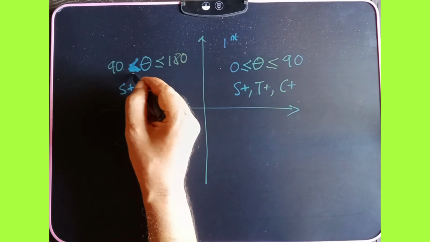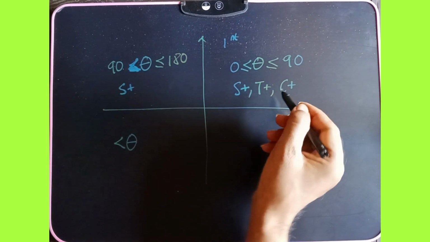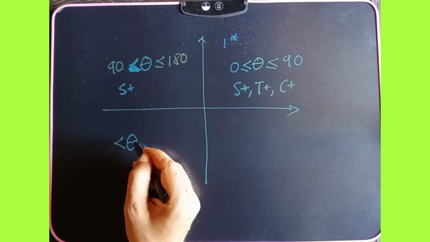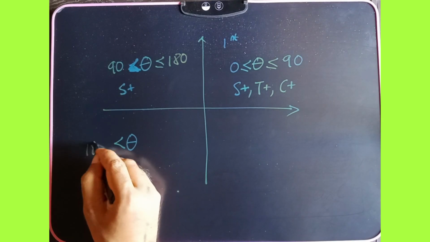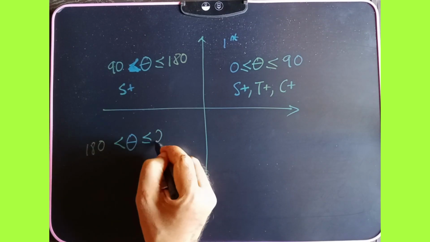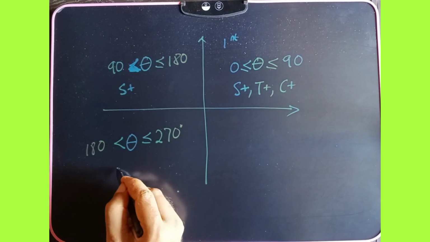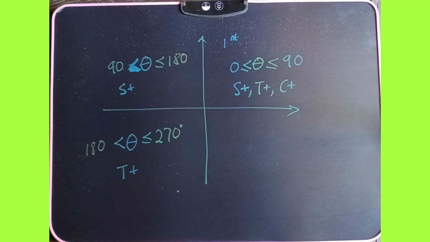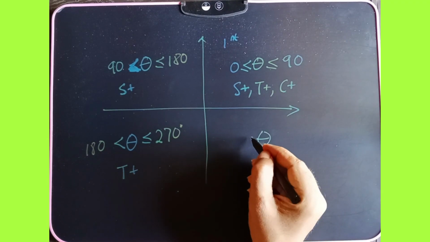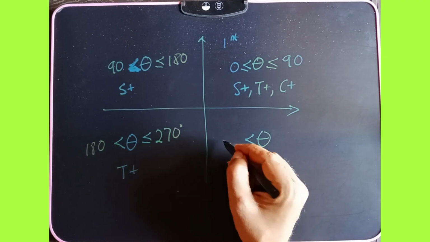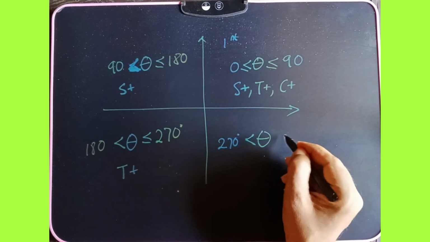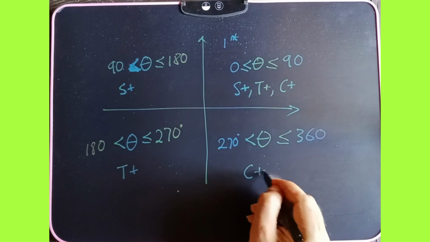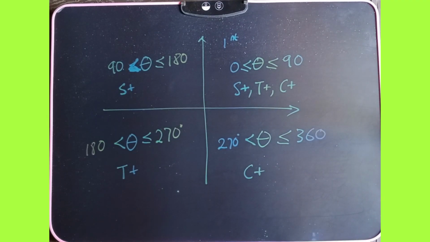But if it is equal to in this quadrant, then it is actually positive for cos also. So greater than 180 and less than or equal to 270 degrees, here tan is positive. And if theta is greater than 270 but less than or equal to 360, then cos is positive. Okay, this is the summary.